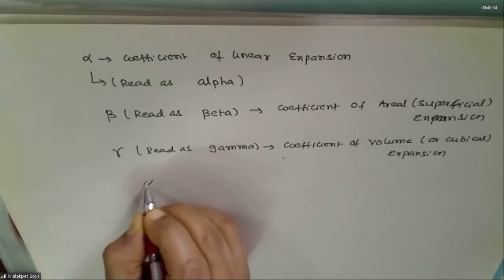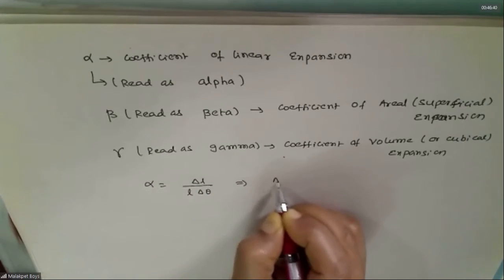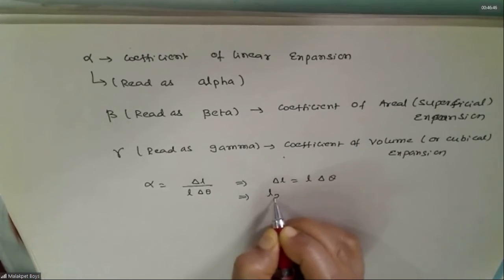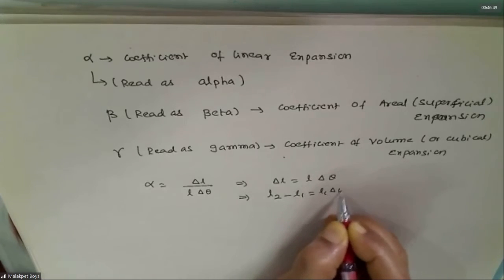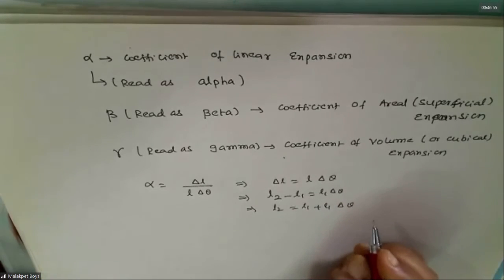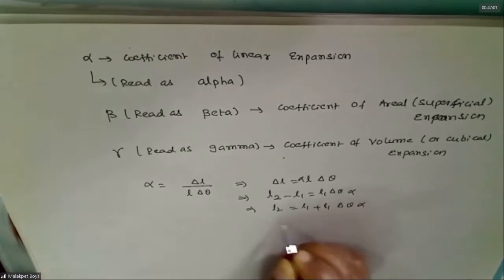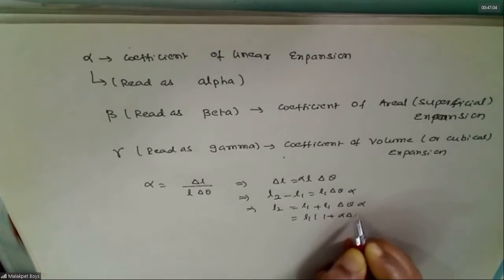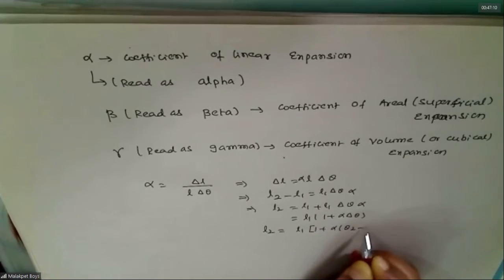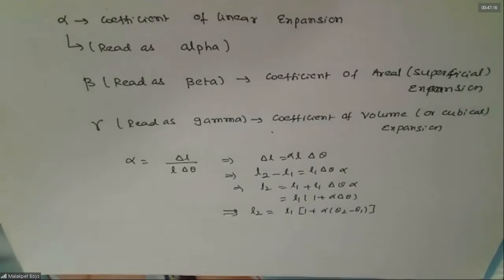And you already learned this. So from this, delta L is equal to L at a higher temperature minus L at the lower temperature. Delta L is equal to alpha L delta theta. I'm just reviewing what we learned.